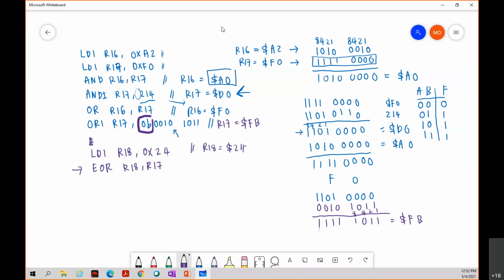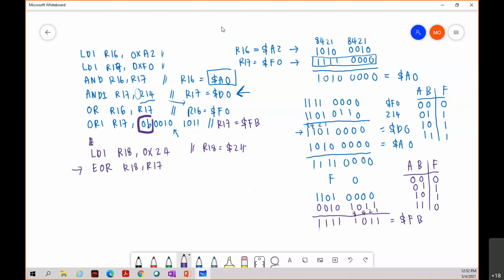Before we do the exclusive OR, we need to know the truth table of exclusive OR. This is A, B, and F. What is the output of the exclusive OR for 0, 0? It is 0. For 0, 1 it is 1. For 1, 0 it is 1. For 1, 1 it is 0.